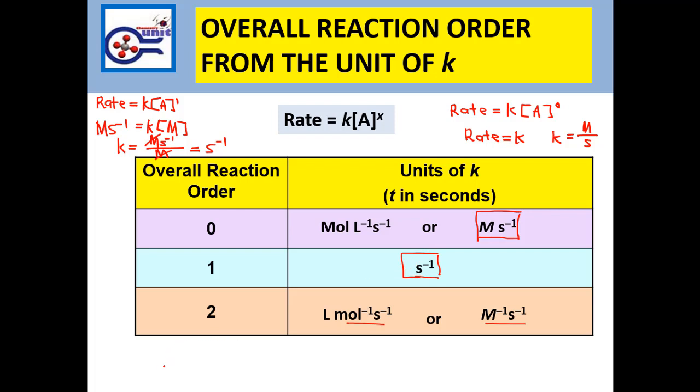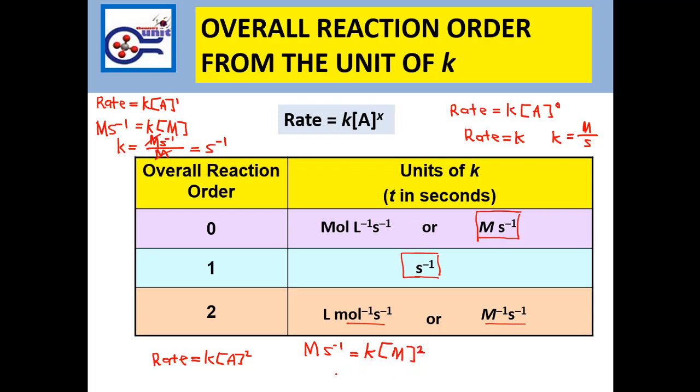Okay, and then last kali kita tengok untuk second order, maksudnya concentration reactant kita tu to the power of 2. Alright, so again the same thing, rate unit dia molar per second. Okay, and then you have your rate constant. Concentration tu you pakai molar sahaja dan dia kuasa 2 sekarang.